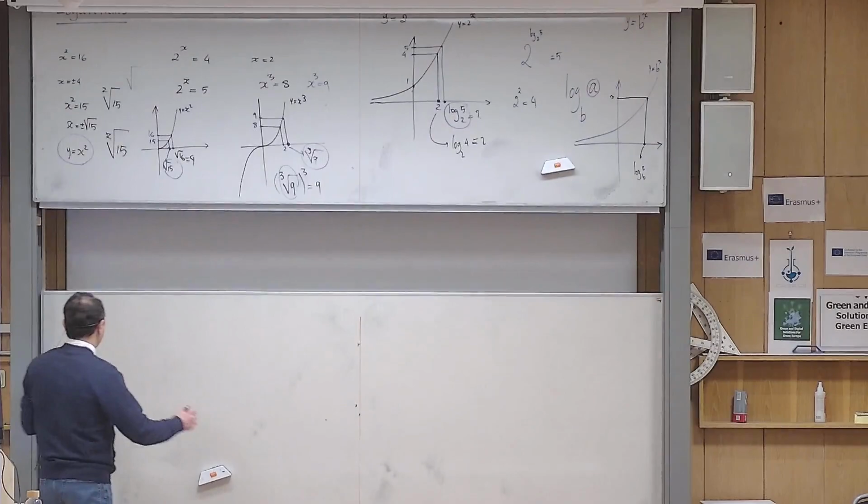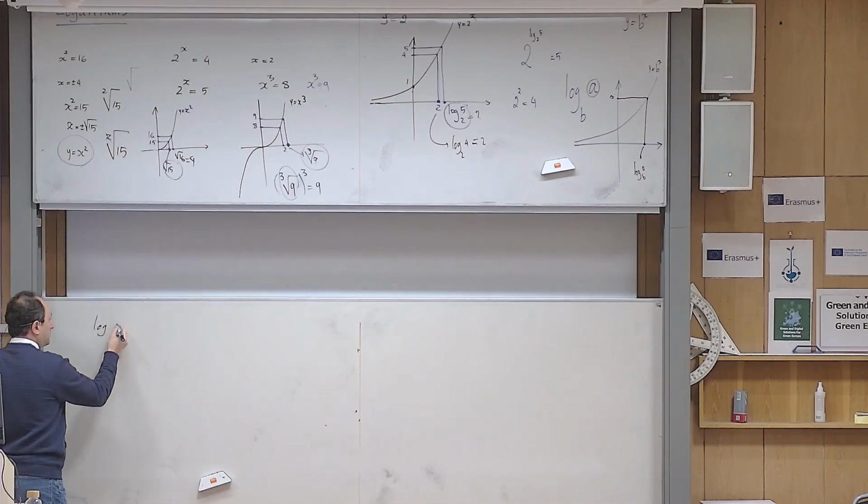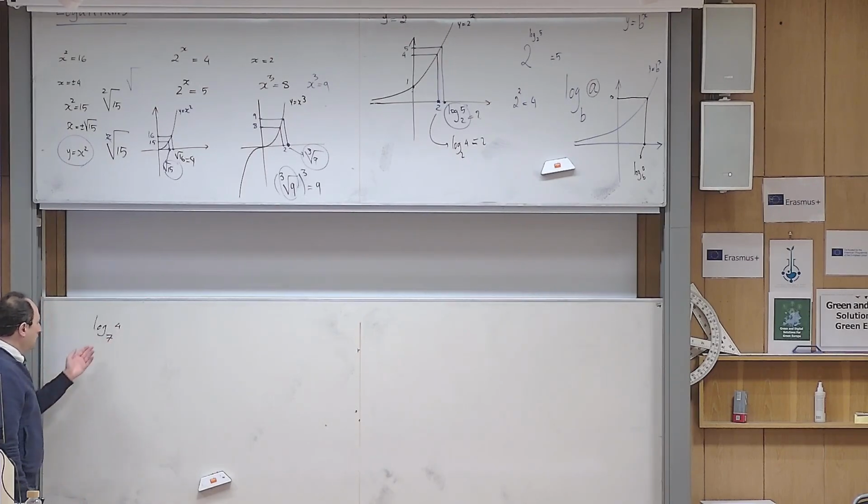Okay, so let me ask you another question. For example, you want to show me logarithm of, let us say, 4 to the base 7. I want you to understand it graphically. So what should we do? Which graph do I need to understand this number? Yes?